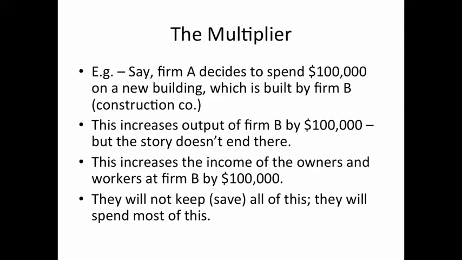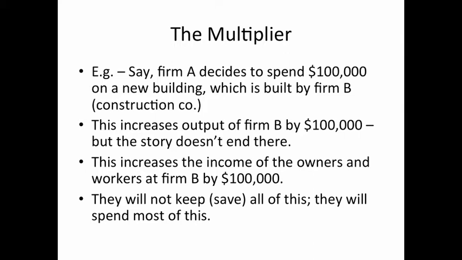So, to provide you with an example, imagine we have a firm A, and firm A decides to spend $100,000 on a new building, and that new building is built by firm B. So this is what we call investment spending. One firm purchasing goods or services from another firm.